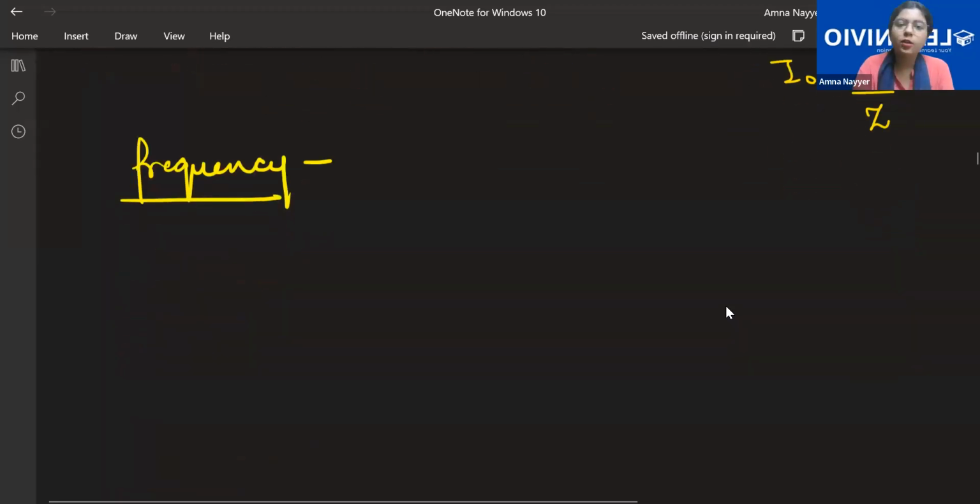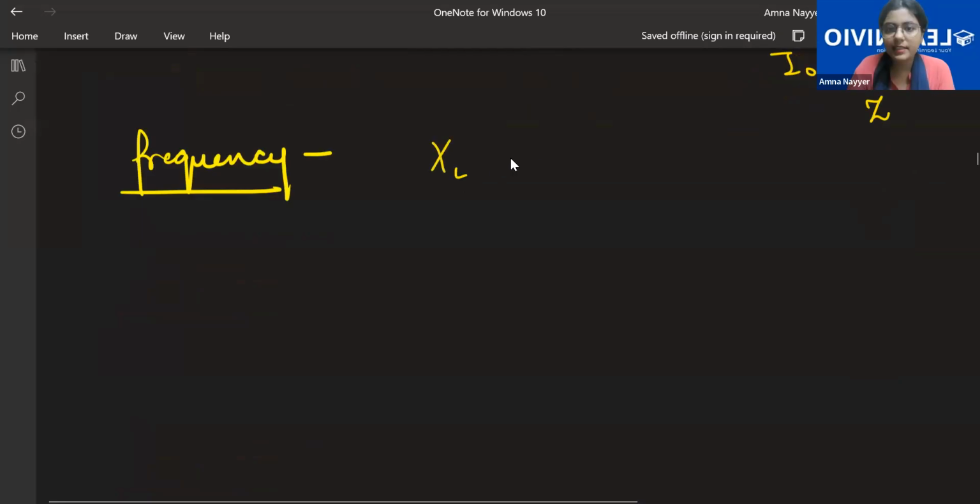Talking about the frequency, XL is equal to XC. What's the formula of XL?